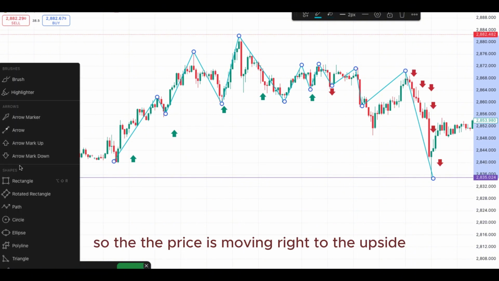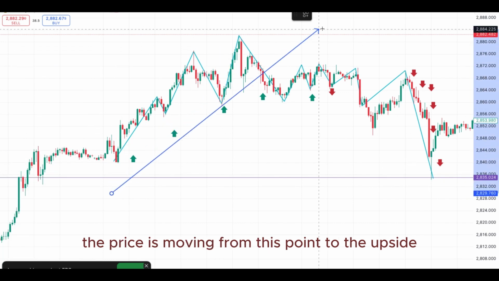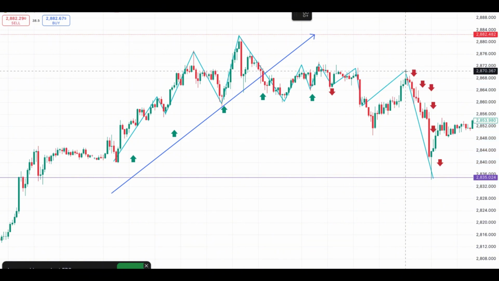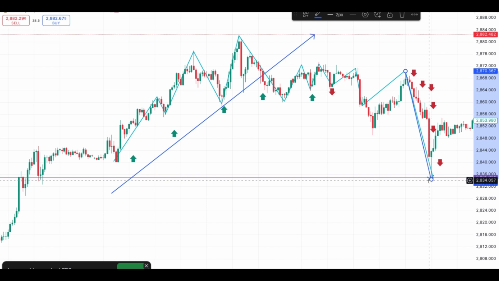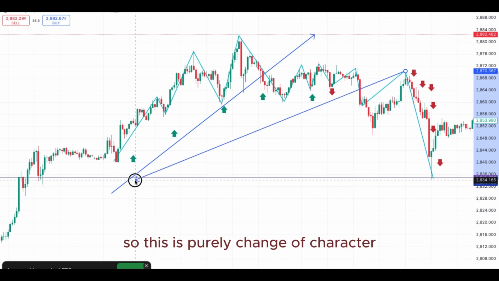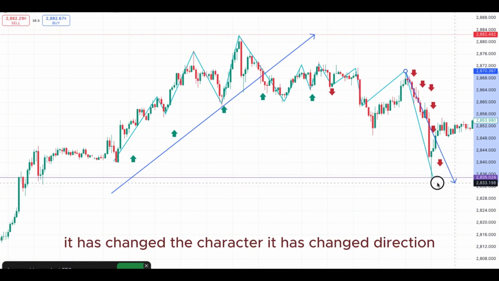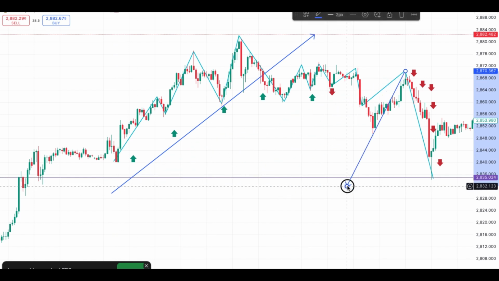The price is moving to the upside, moving from this point to the upside, and all of a sudden, from this point, notice a reversal. So it's a reversal back to where the price is coming from. So this is purely change of character. It has changed the character, it has changed the direction, it has changed the trend.